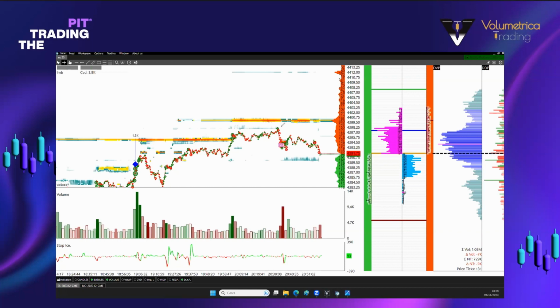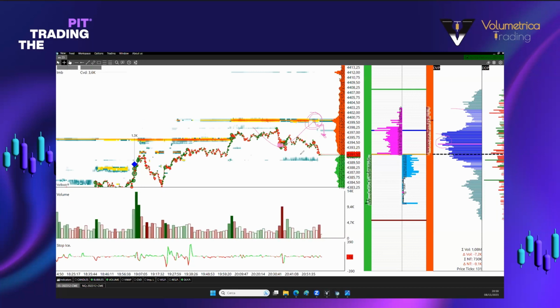It will act somehow like a POC or a high volume node, will tend to attract price first, and then maybe if the interaction shows that aggressive traders are failing, then it will reject price, but after it was traded, as opposed to rejection liquidity, which can reject price even without being traded.